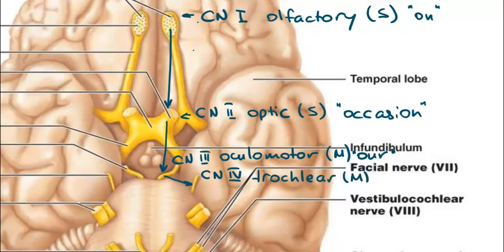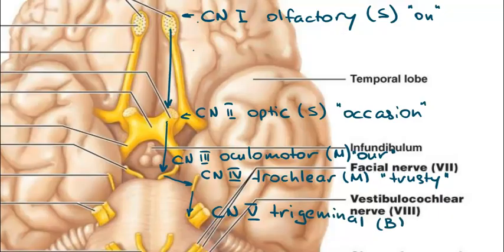It is also a motor nerve. The mnemonic word: "trusty". From cranial nerve 4, we go to cranial nerve 5, which is trigeminal.